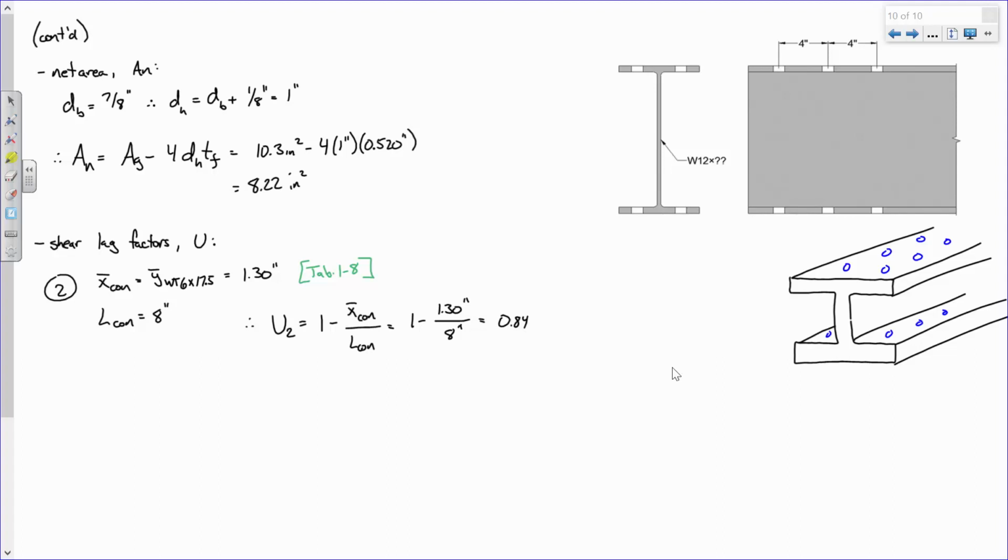Okay. Now, let's talk about case 7. So you probably want to turn to your shear lag table. Does case 7 apply?